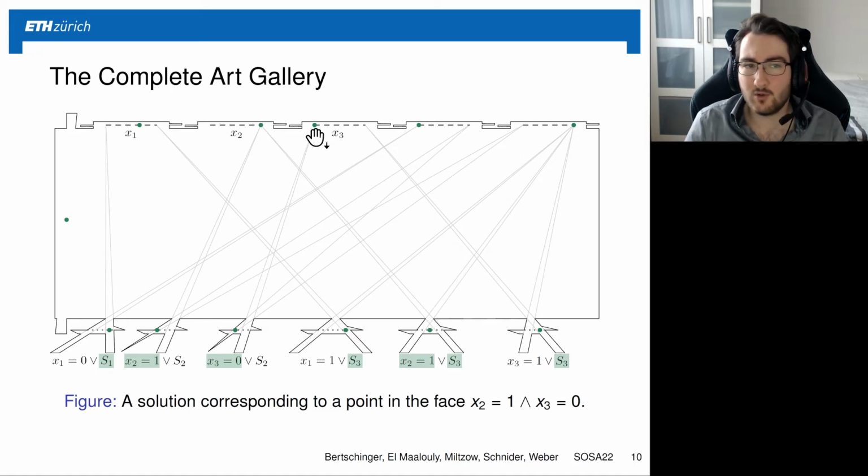And now all of our other guards, so our guards for the additional variables and for inside of the gadgets, are placed in such a way that for each of our clauses, there is always at least one satisfying term. And you can see that this translates to one guard on the top seeing into one of the corridors. For example, this corridor is guarded by this guard up here. And then the guard inside of the gadget is watching the other corridor.